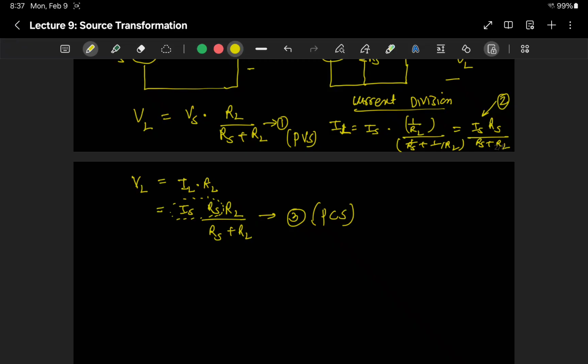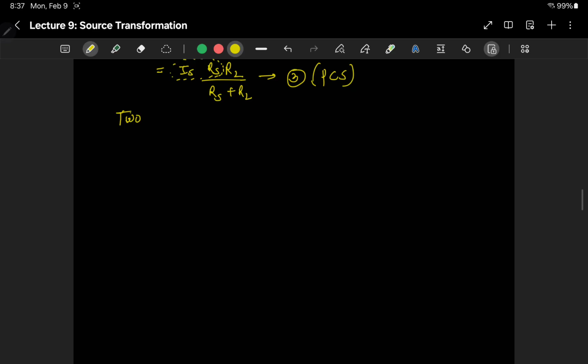So two voltage sources are equivalent if they produce the same voltage.